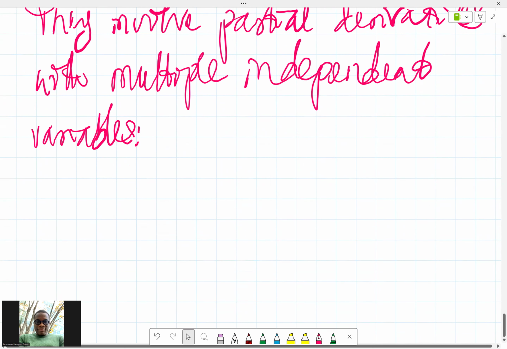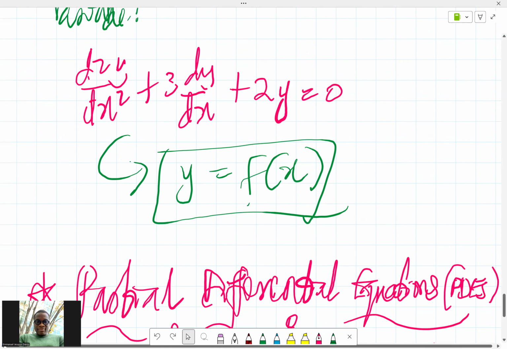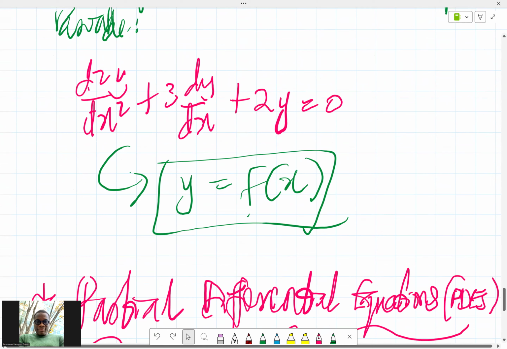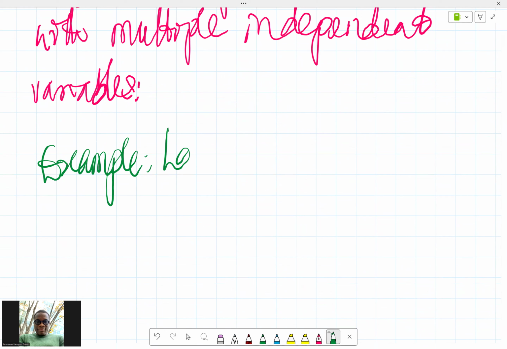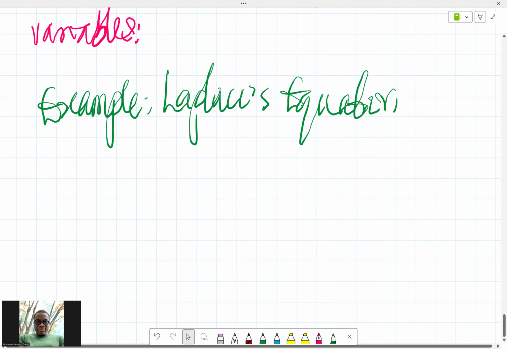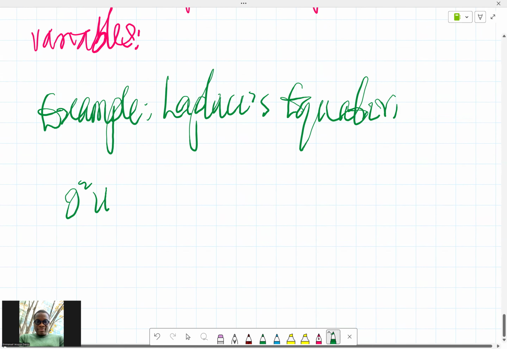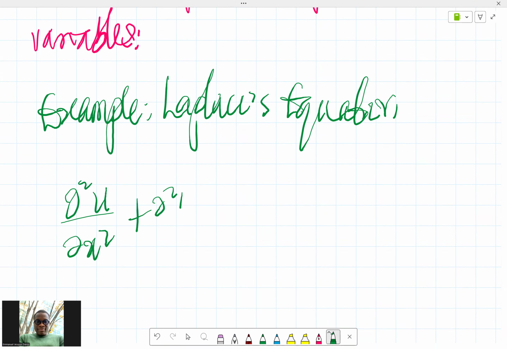A good example of this is what we know as the Laplace equation. The Laplace equation is partial squared u, partial x squared plus partial squared u, partial y squared equals 0.